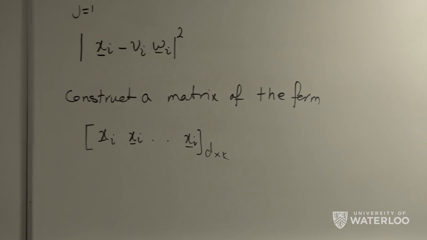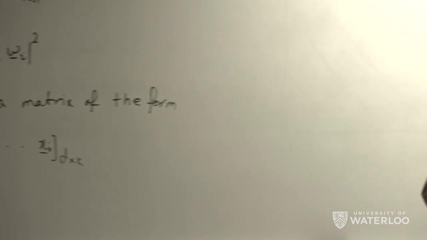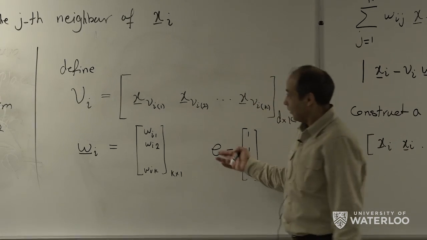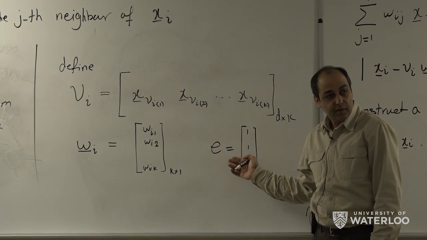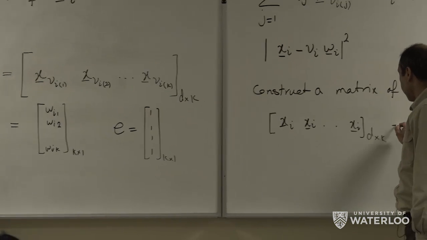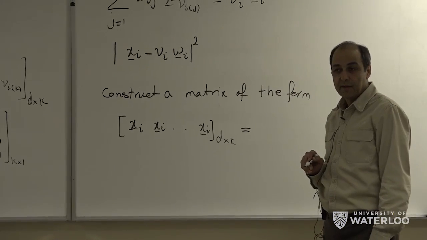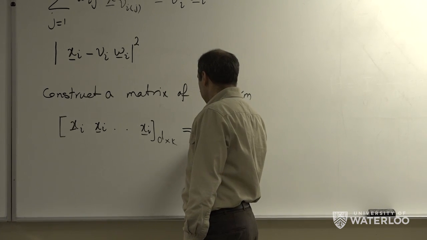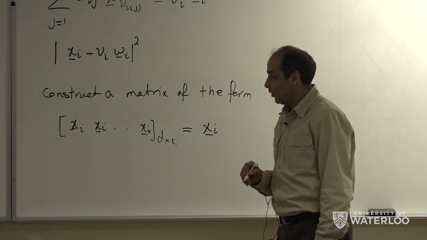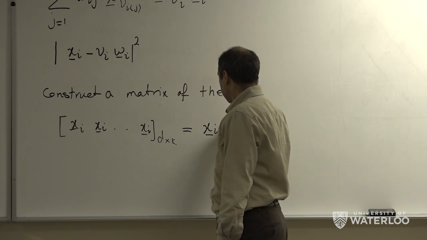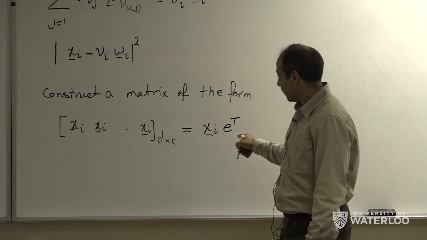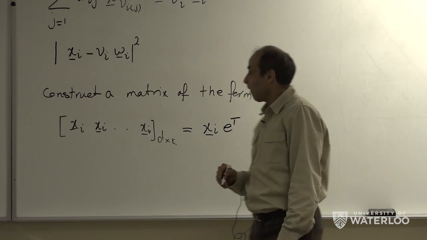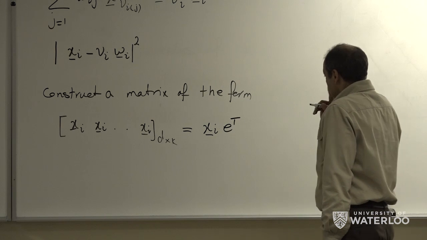I'm going to repeat xi k times. If I want to write this matrix in terms of E, what is it going to be? It is xi, which is d by 1, times E transpose, which is 1 by k. So xi E transpose would be this matrix, right?